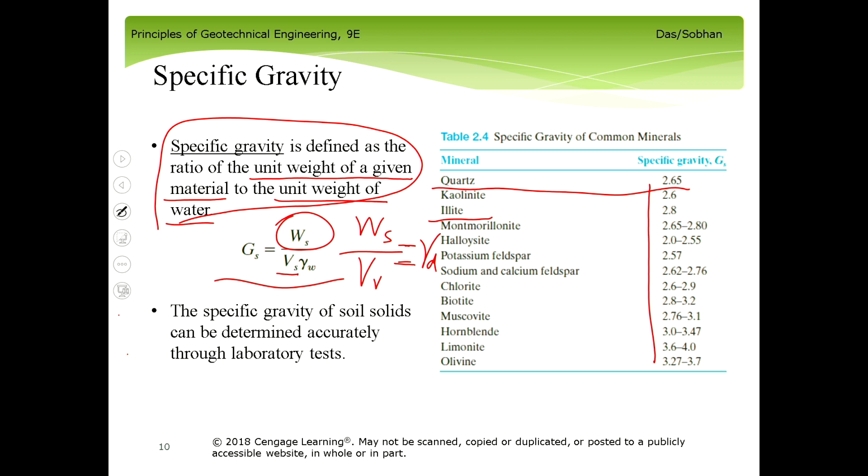But Gs for a fixed material, for different minerals, it is fixed. But for example, soft clay in Wenzhou, and soft clay in the North Campus, it is different.